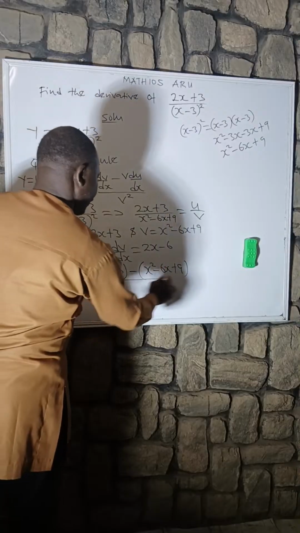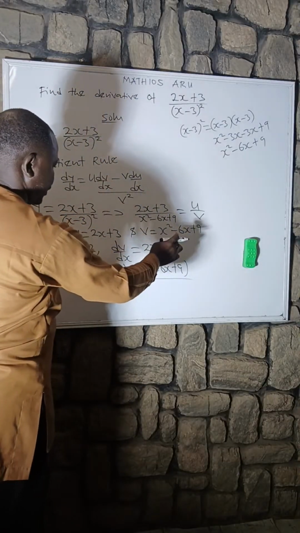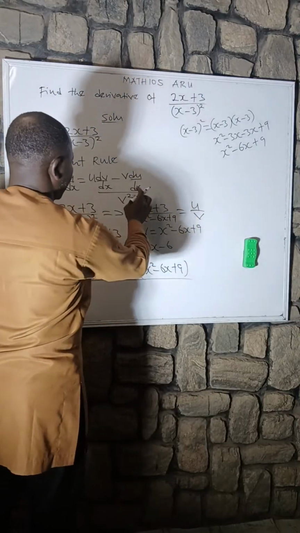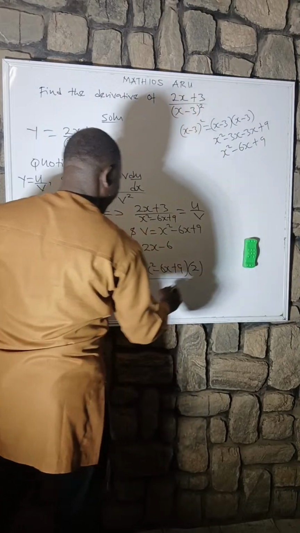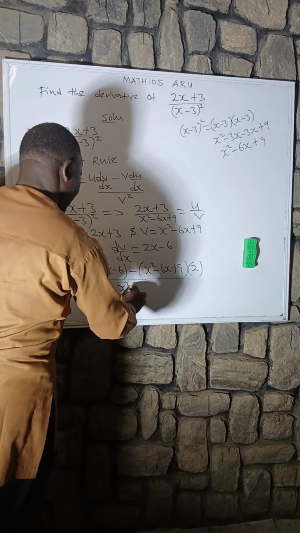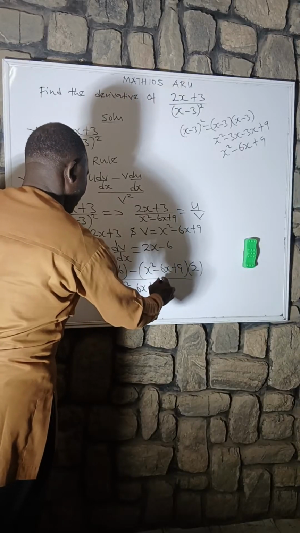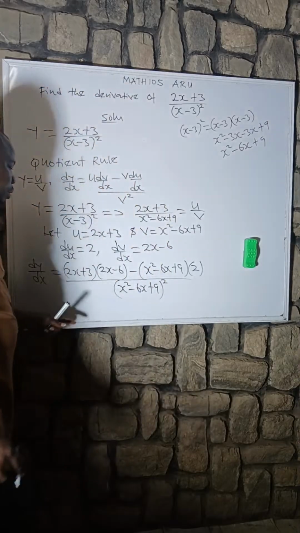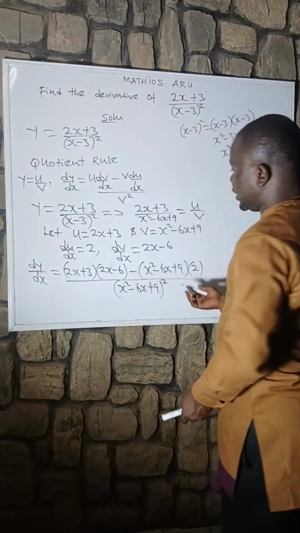Then all over v, which is x squared minus 6x plus 9, all in square. If you don't mind, you can leave it like this.